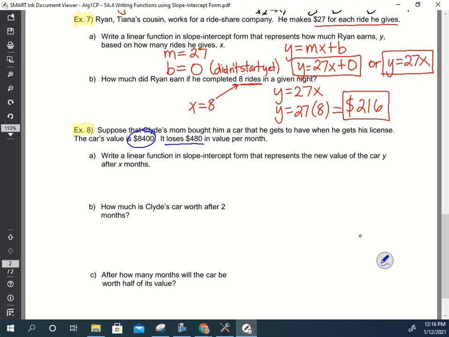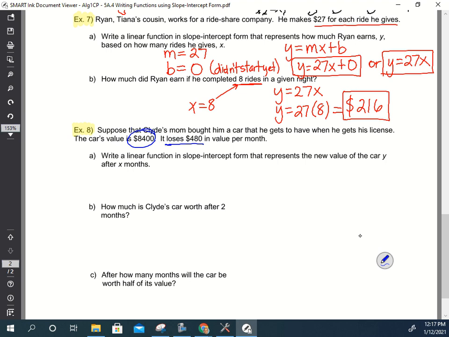Okay. Let's see. Carlina definitely said me. I'm definitely trying to drive. Okay. So, car value is $8,400. It loses $480 per month. So, if you're losing money, is that positive or negative? Negative.